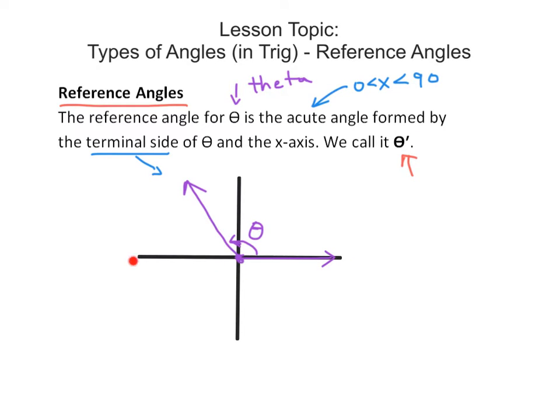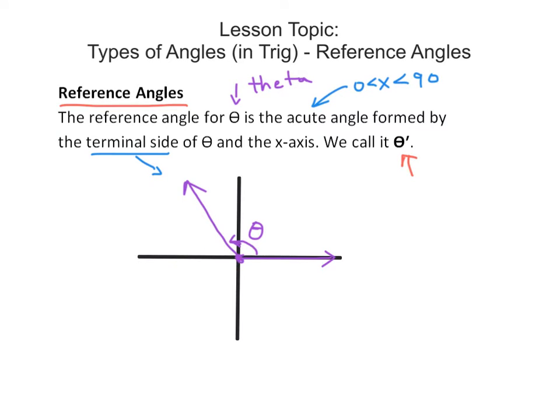Again, here's our x-axis, and when we are creating this angle, we're always going to find what I like to call the closest portion of the x-axis. This is the x-axis over here, but if we're talking about this terminal side, where's the nearest portion of the x-axis? Well, that's this side over here.